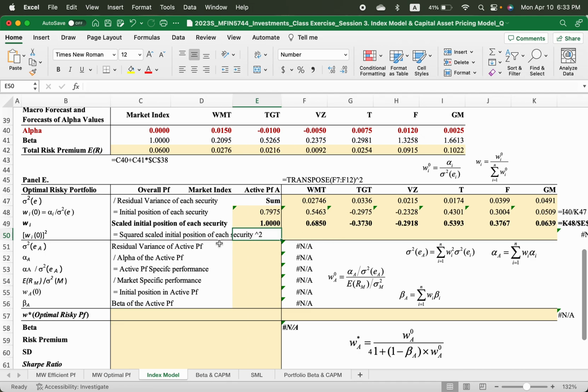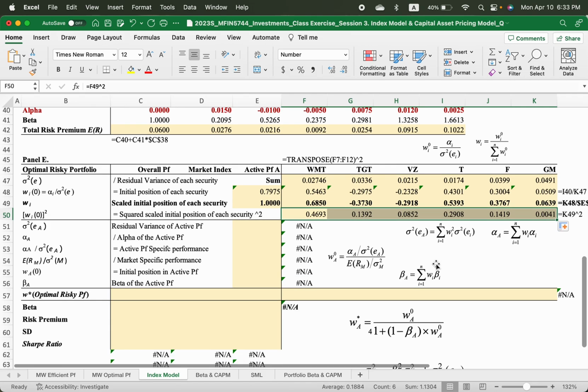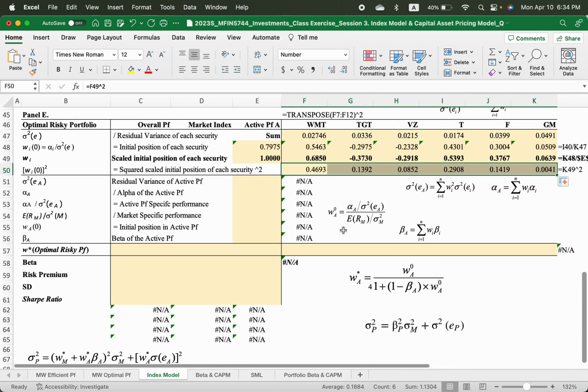Now, let's calculate the scaled initial position of each security. So you can just now multiply. Oh, sorry, to the power of 2. So we finish this residual part, and so we get the weight of the residuals.